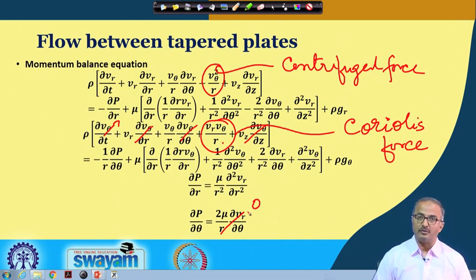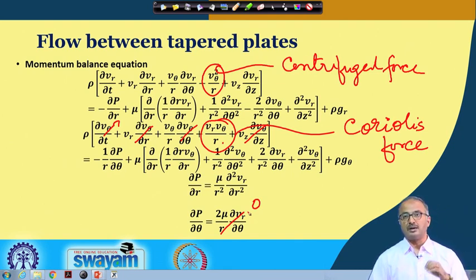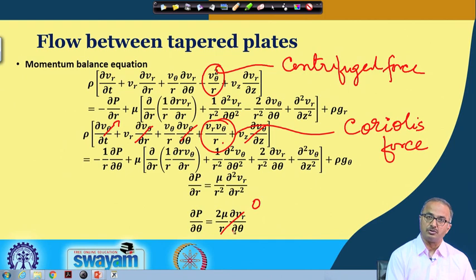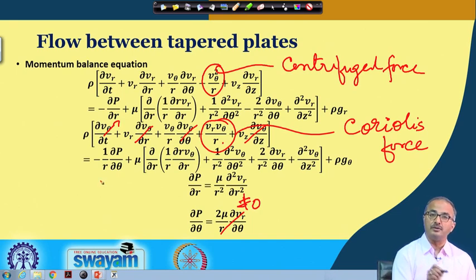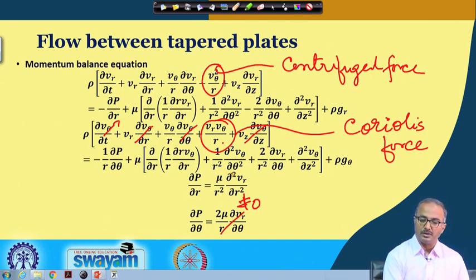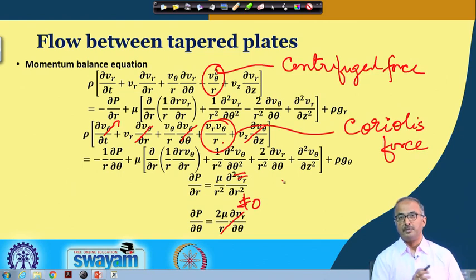But in our problem Vr is a function of both r and theta, so this will be a non-zero value and not equal to 0. That is why, even though v theta is 0, due to this component there will be a pressure drop along the theta direction.